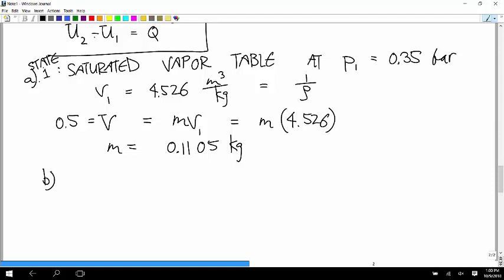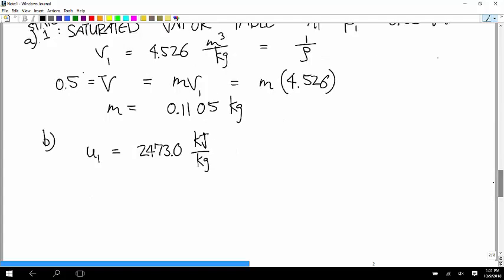The initial internal energy. Okay, so in that same table, you can look up that the specific internal energy is 2473.0 kilojoules per kilogram. And so the total internal energy at that state is the mass times this specific internal energy.